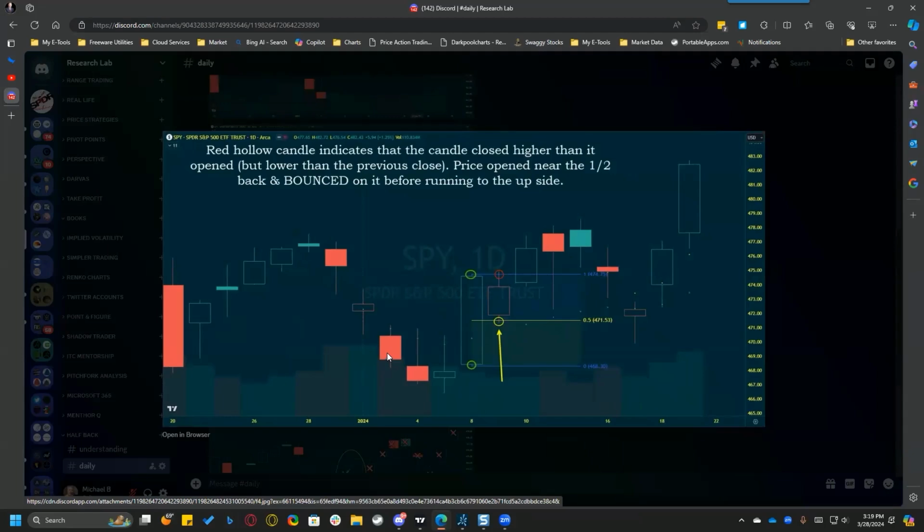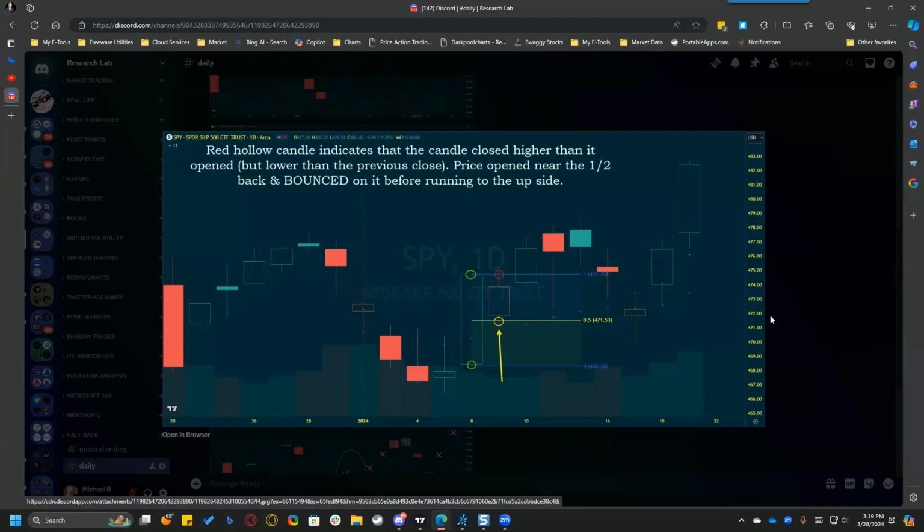When they are, that means that price actually closed higher than where it opened, but lower than the previous close. And so that's why it's a hollow red one. So we can kind of game this out. Closed here, gapped down into the halfback, and then rallied back up to close off of that low. But we still held that halfback, right?